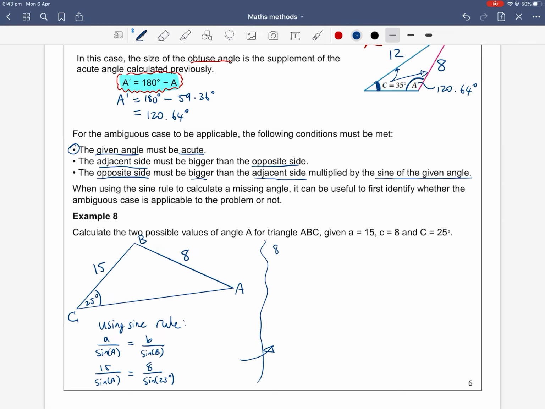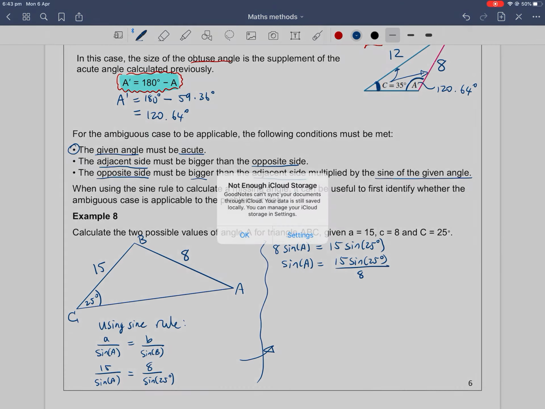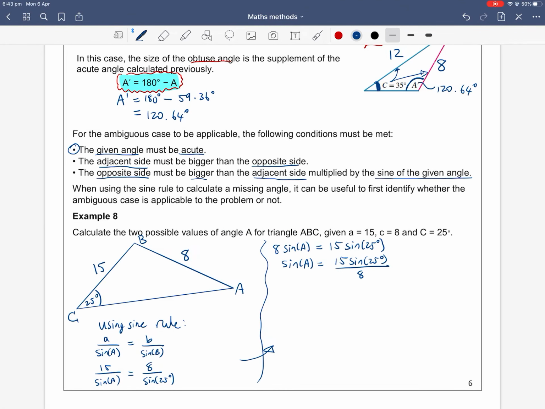Cross multiplying, 8 sine A is 15 sine 25 degrees. Rearranging, sine of A is 15 sine 25 degrees divided by 8. We want angle A, so we need to take the inverse sine, so A is sine inverse of that fraction.